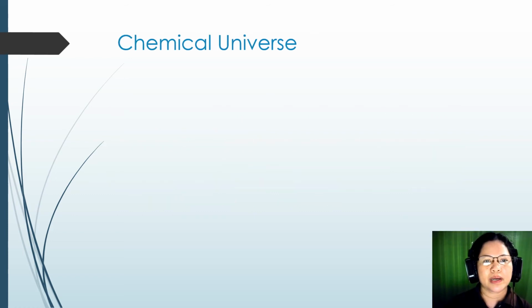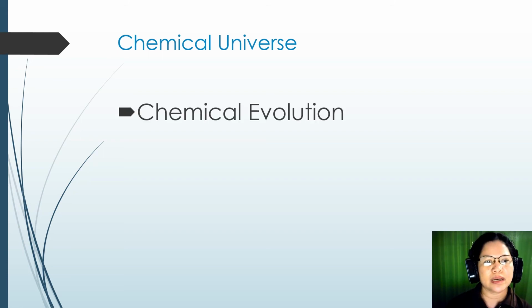So what are the chemicals present in the universe? So there are three stages accordingly. First is the chemical evolution. So how does chemical evolution happen? Low mass stars synthesize new helium, carbon, oxygen during the main sequence, the RGB, the HB and the AGB phases.